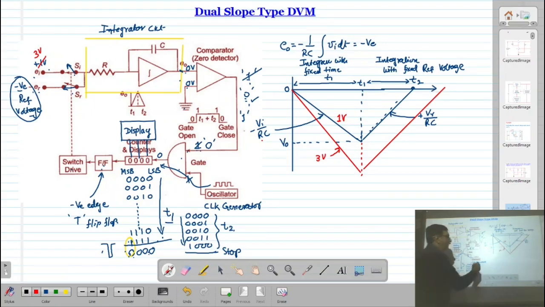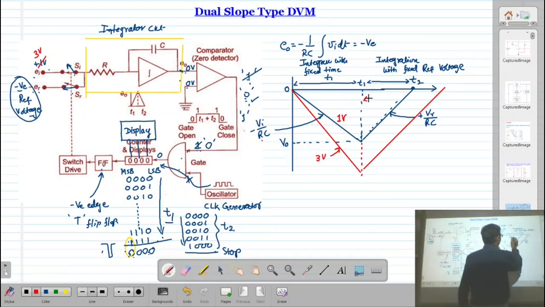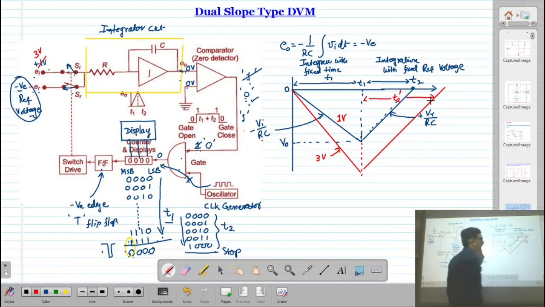So here if I calculate, this time period will be T2 dash. And during this time, the AND gate is going to remain open for the T2 dash time period. During this time period, a large number of clock pulses pass, and the counter will also count a large number of clock pulses, and that is going to be displayed in the display unit.